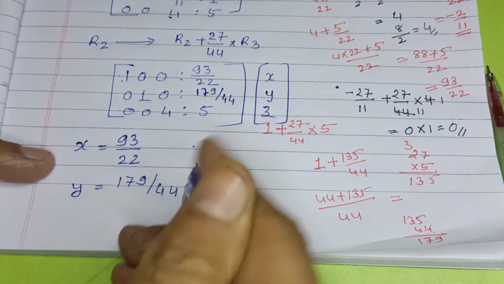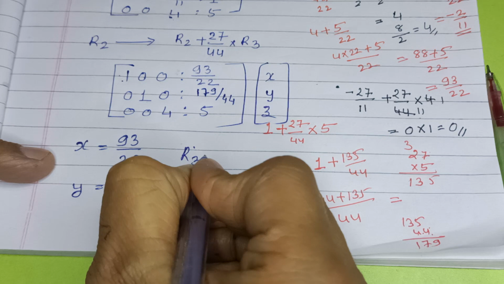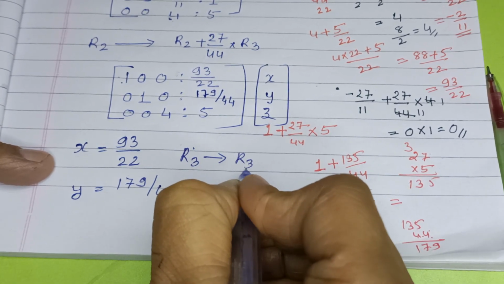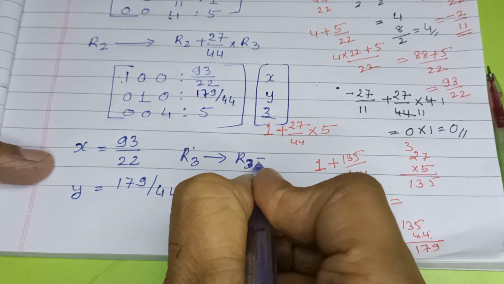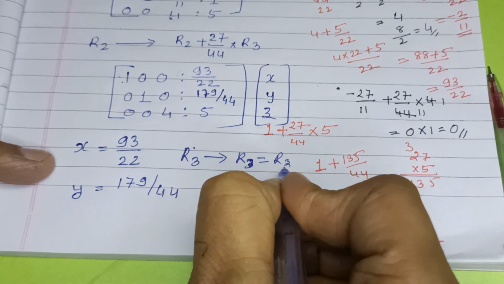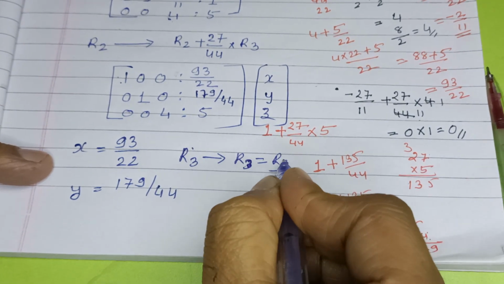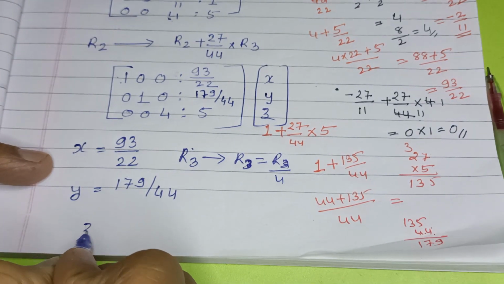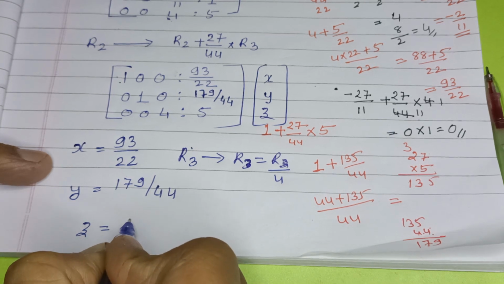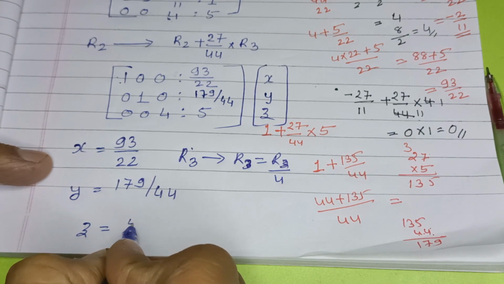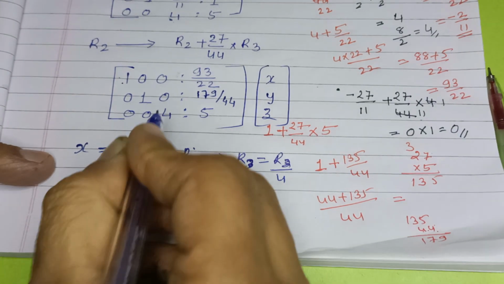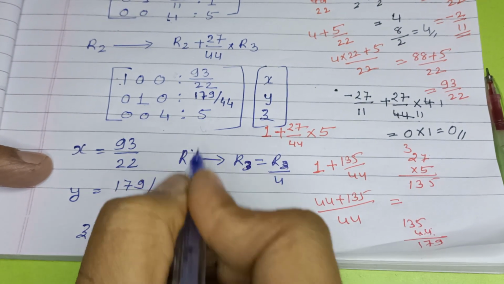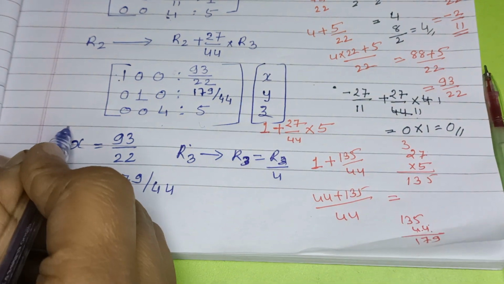You can simply say again, R3 is equal to R3 by 4. So if you divide both, you get z is equal to 5 by 4. So this is our answer, my friends.